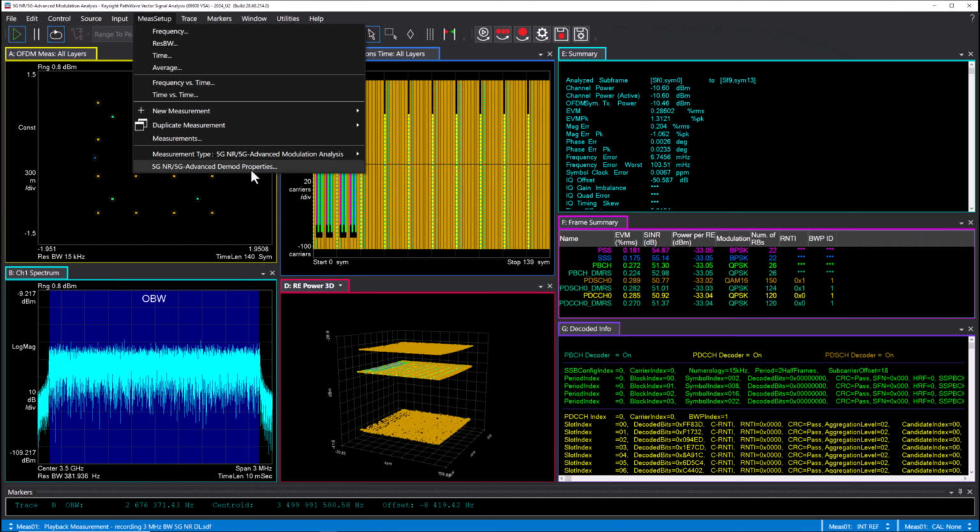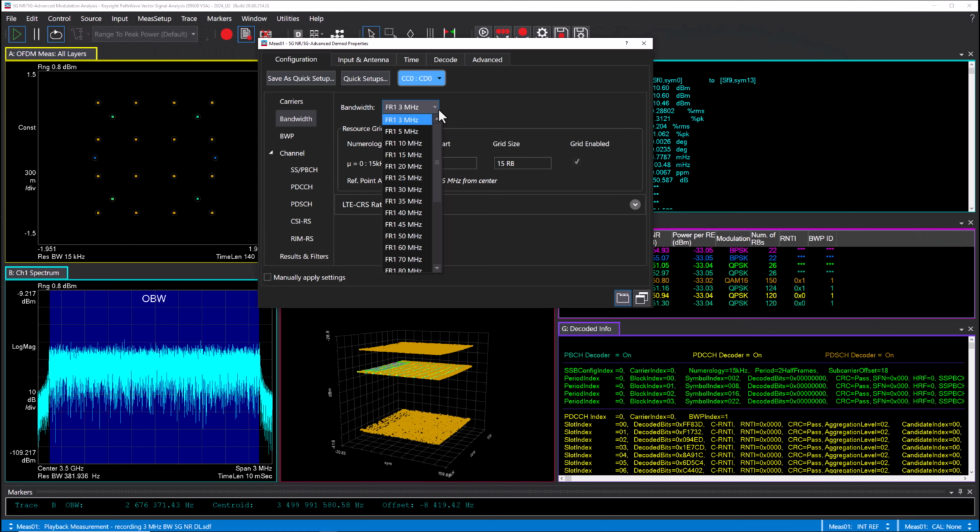To support such use cases, the 89600 VSA supports the 3 MHz bandwidth as shown here. The VSA can be used to analyze signals from the smallest bandwidth of 3 MHz in FR1 to the highest bandwidth of 2 GHz in FR2.